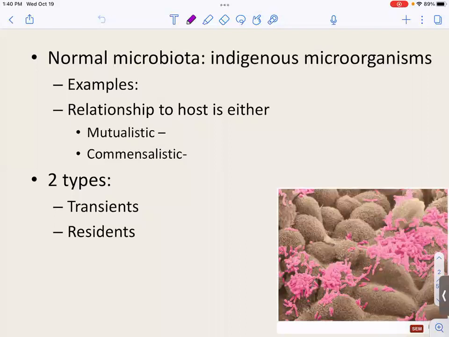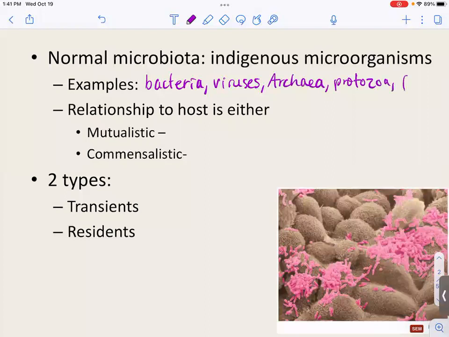But what kind of organisms are part of our normal microbiota? I've been kind of used to just saying bacteria, but it's actually not just bacteria that we have living in us. We also have viruses. We also have archaea. We also have protozoa, as well as fungi. Okay, so lots of different kinds of organisms can be part of our normal microbiota.